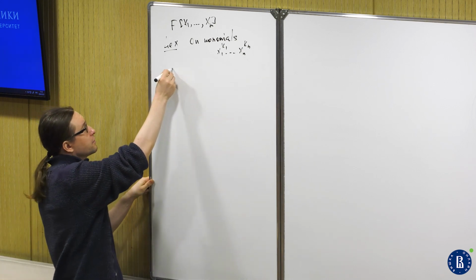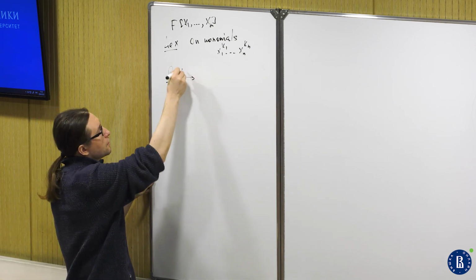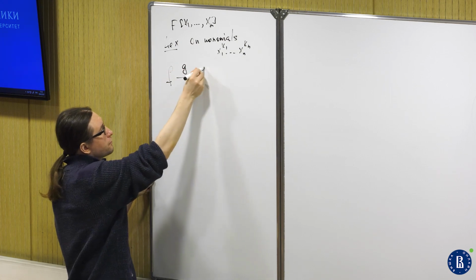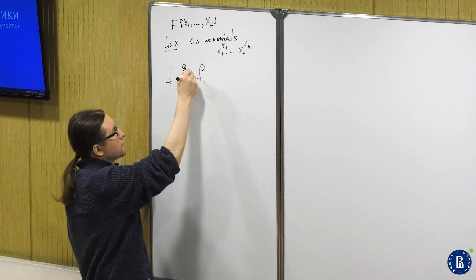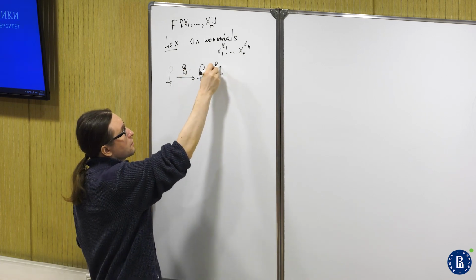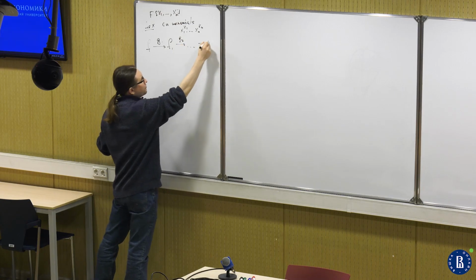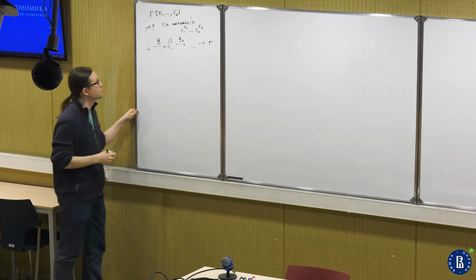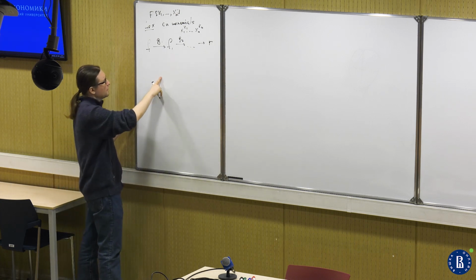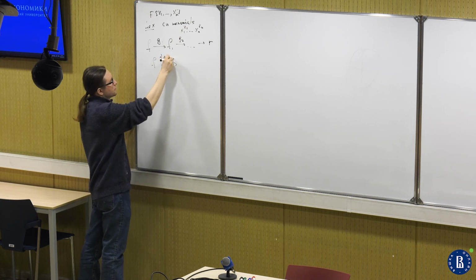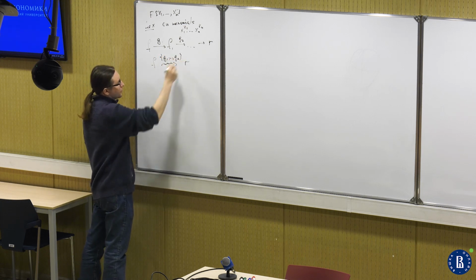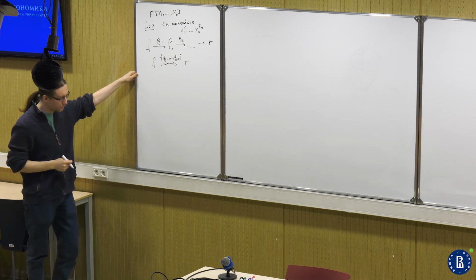So we define a process of reduction. First of all, we know the notion of an elementary reduction. And then if you make several steps, this is what is called a reduction, and it's denoted by a set. And R is the result of the reduction.